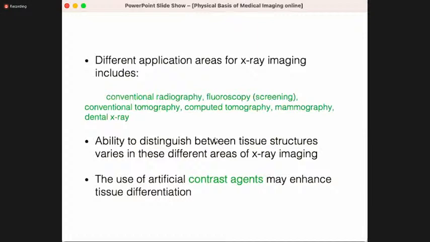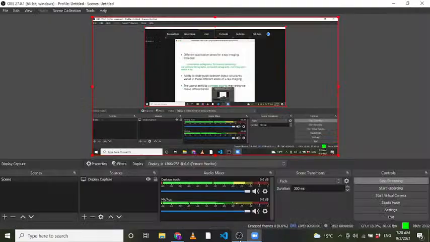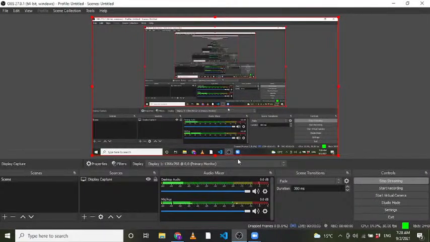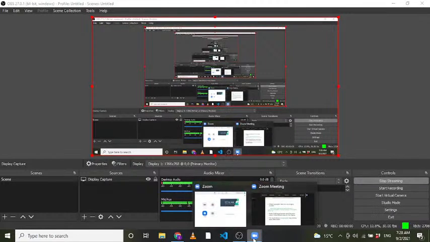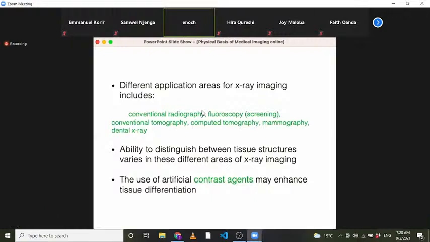So there's always a challenge, because for us to distinguish the structures, it is on the basis of differential attenuation, but the breast is comprised of structures that have similar physical properties. So we need to be able to use low energy X-rays and optimize.